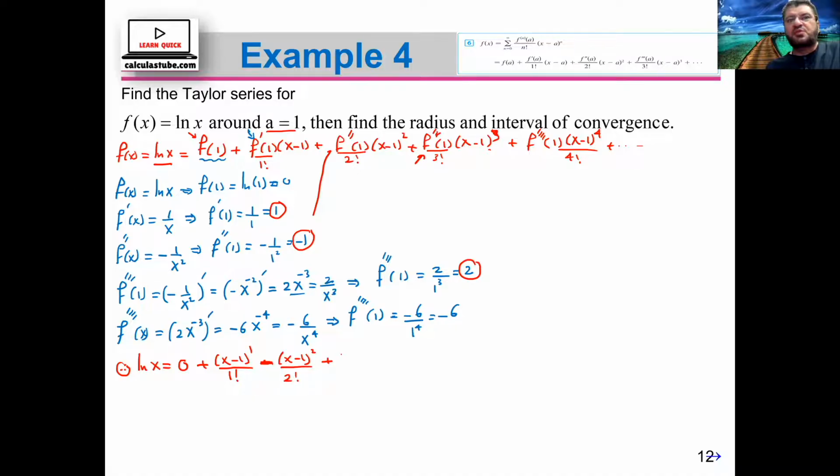We say 2 divided by 3 factorial times x minus 1 cubed. The fourth derivative is negative 6, so minus 6 over 4 factorial times x minus 1 to the 4, plus dot dot dot.